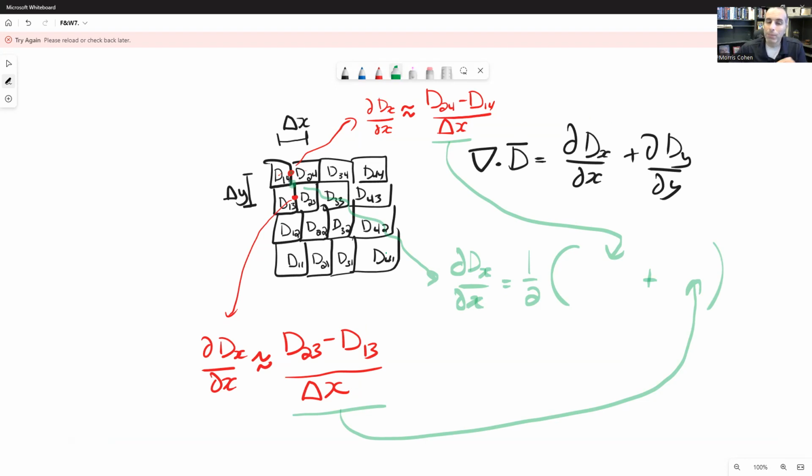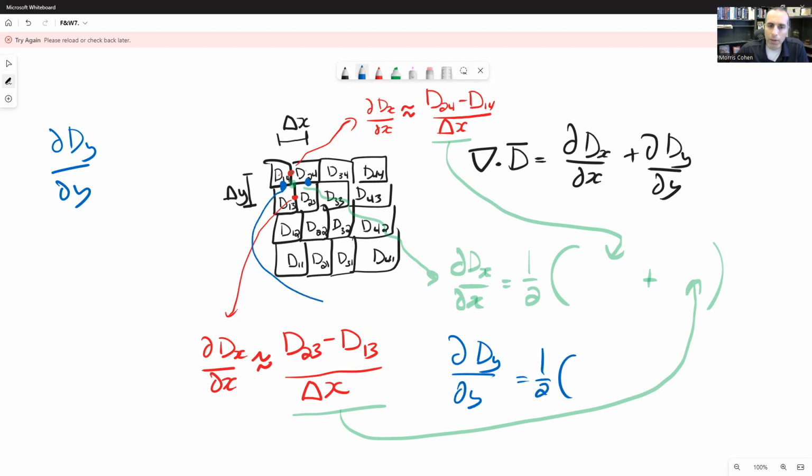We're going to repeat the same process for the y component, right? For dDy/dy, which we can define at this blue dot, and at that blue dot, right? So dDy/dy will equal the average of the two values from each of these two locations, one from here and one from there.